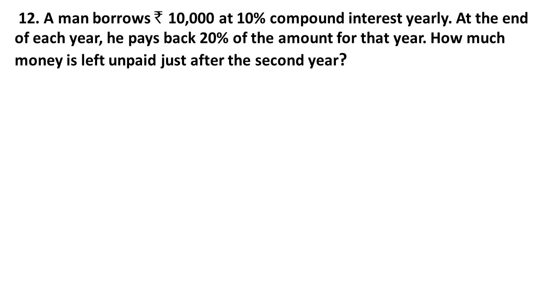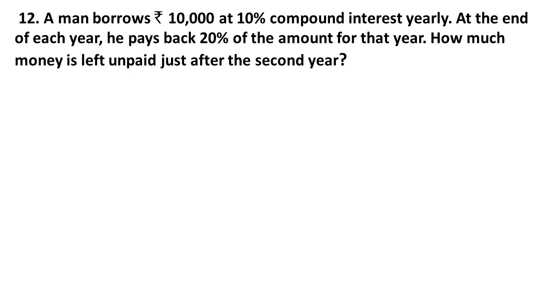At the end of each year, he pays back 30% of the sum borrowed. So in both cases, a certain sum of money is paid back after each year. But the major difference is, in question number 11, 30% of the sum borrowed is paid back, but in question number 12, 20% of the amount for that year.